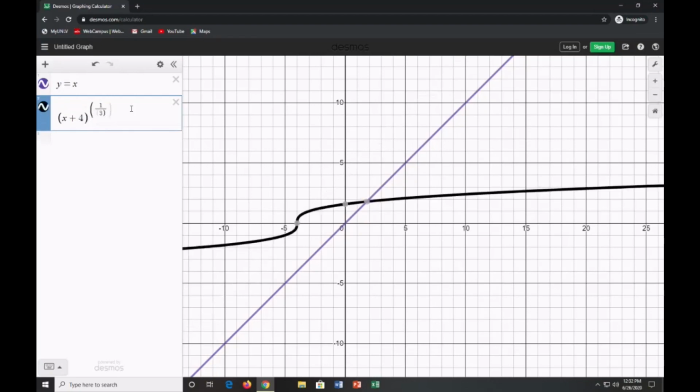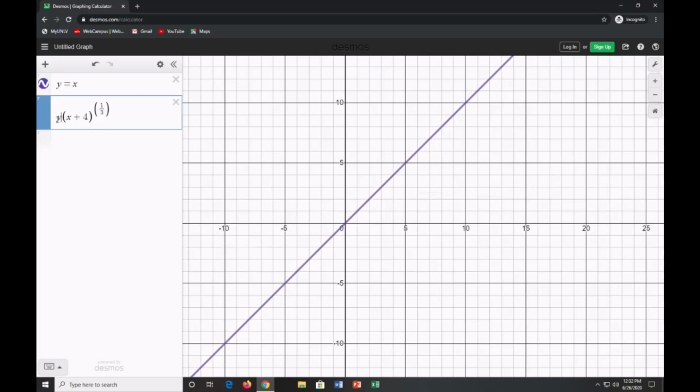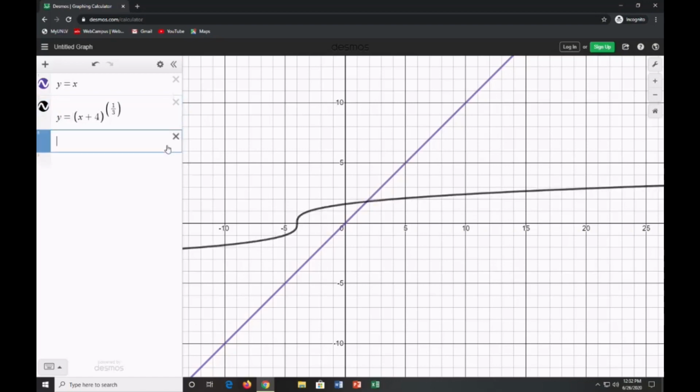Any radical expression can be written as a rational exponent. That's the graph of the original function, which was, let's call it y here. And then z is the inverse function, and that was x cubed minus 4.